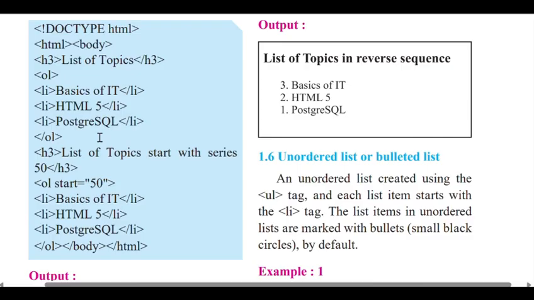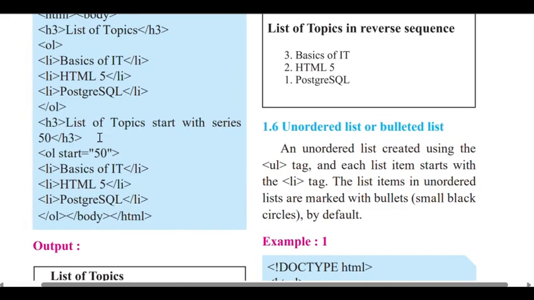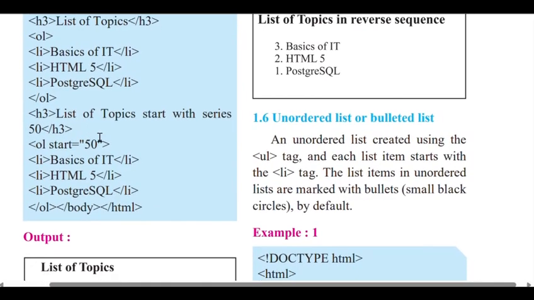As you start the tag, you have to also close that particular tag by forward slash. Now here we are closing ordered list also. And in h3, list of topics start with series 50, h3 close. And how it will start, you can see OL start is equal to 50.